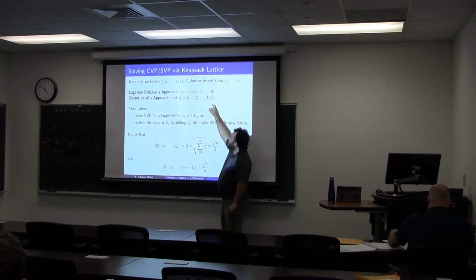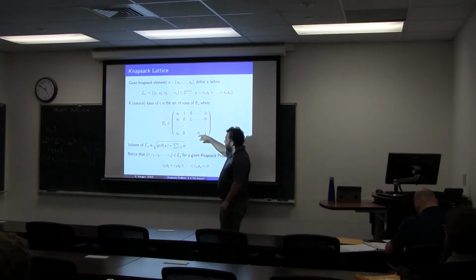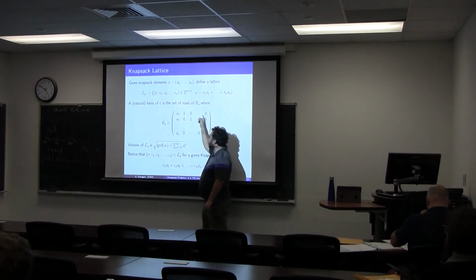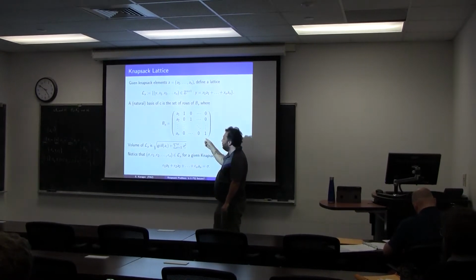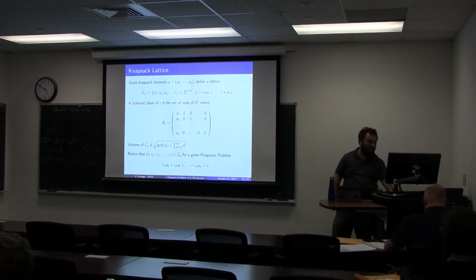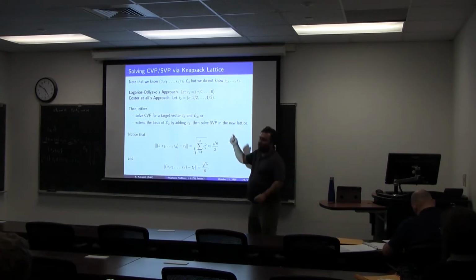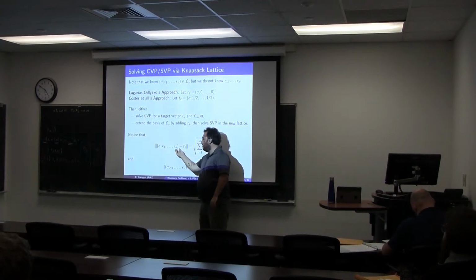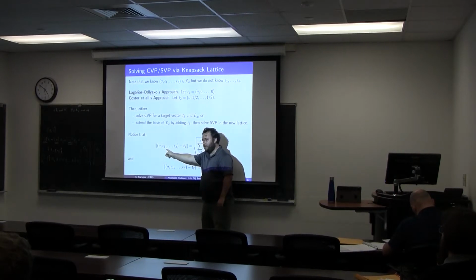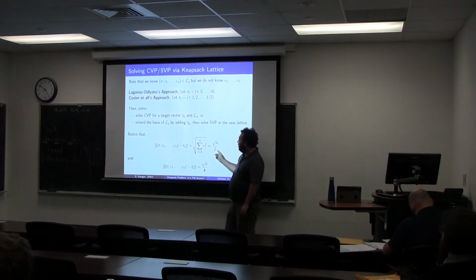If you add this T1 to your lattice, remember the basis for this lattice: A1, 1, 0, 0, A2, and so on. In the end, you just add sigma 0, 0, 0, or sigma 1/2, 1/2, 1/2. And you know that sigma and epsilon 1, epsilon was in your lattice. So when you add this T1, the distance between your exact solution and your proposed target vector for T1 is approximately square root of n over 2.